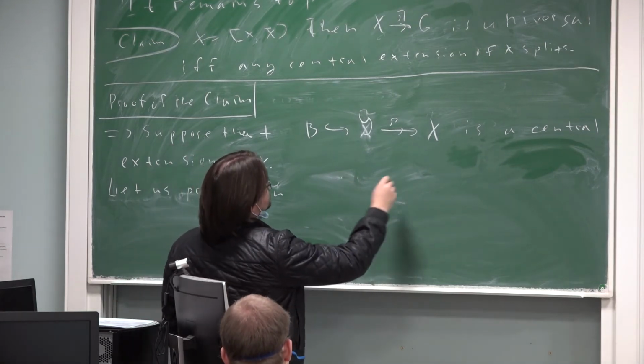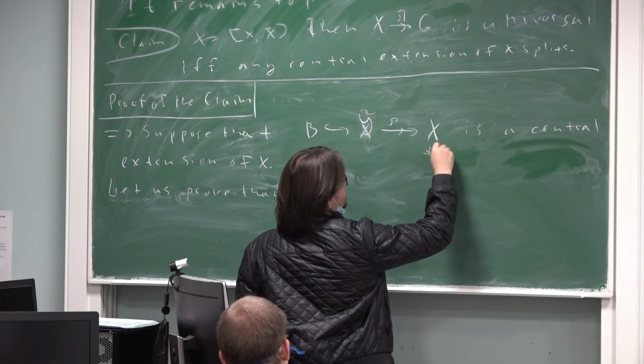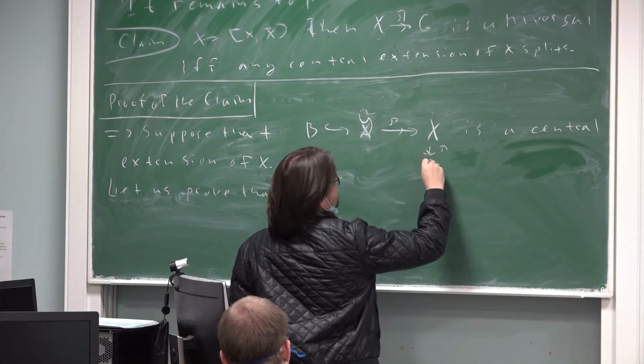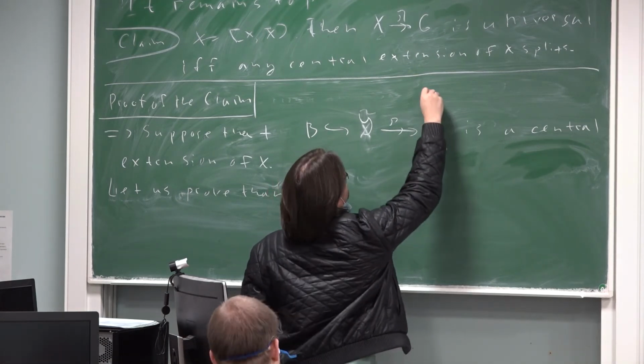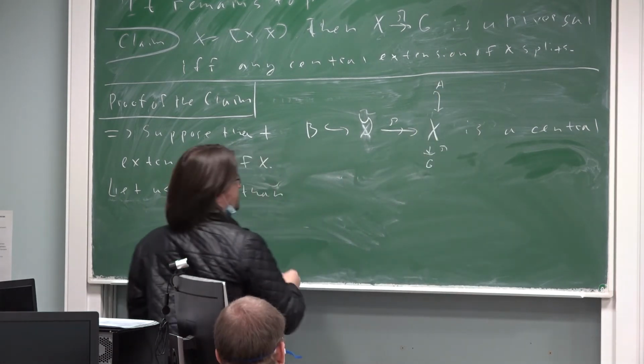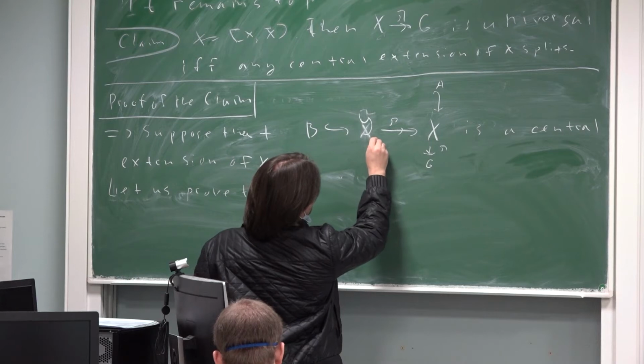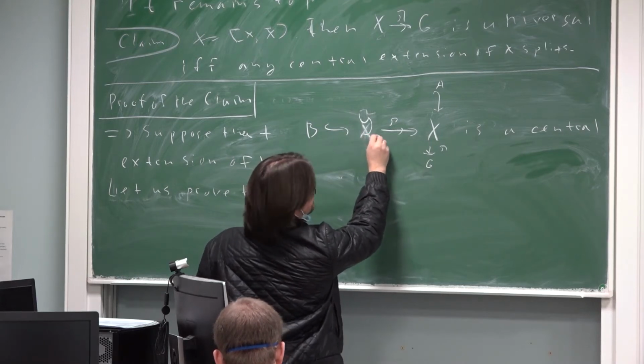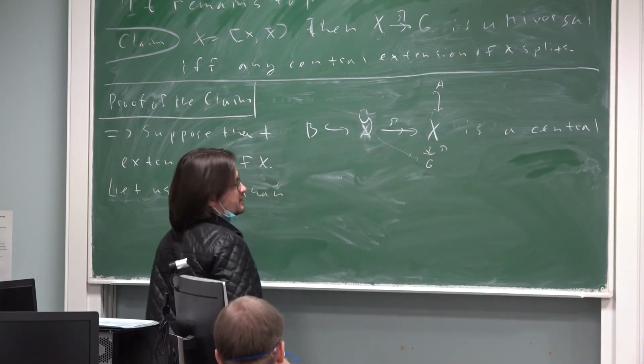So, what also we have is π here, yes, to G. And so we can take the composition. It will still be an epimorphism.